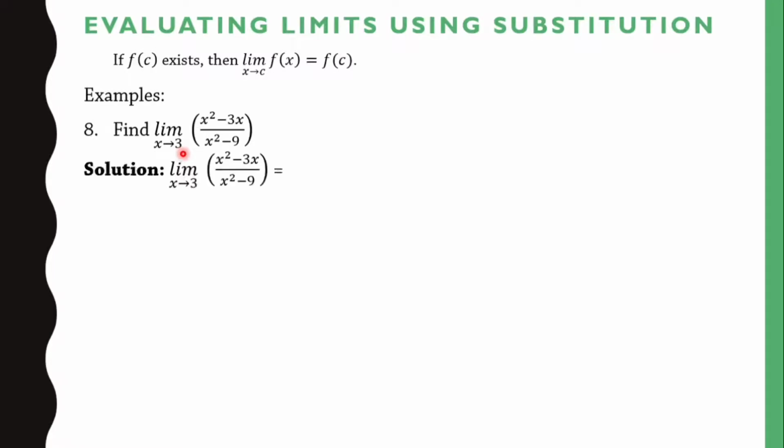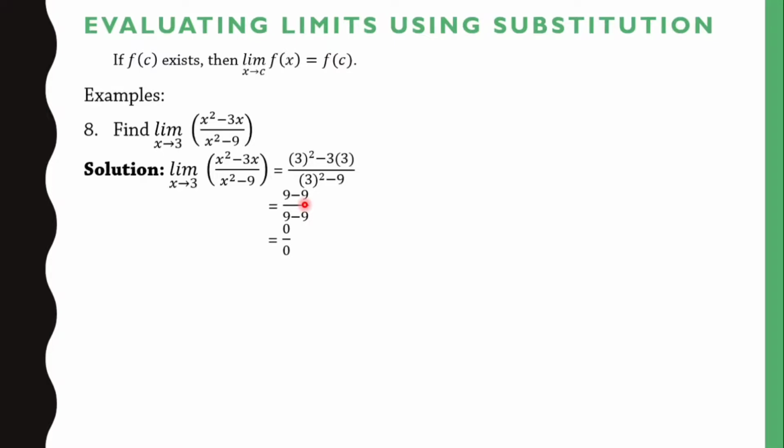So, again, if we use the direct substitution method, this will be 3 squared minus 3 times 3 all over 3 squared minus 9. So this will give you 9 minus 9 over 9 minus 9, or that's 0 over 0. Again, this is what we call the indeterminate form.